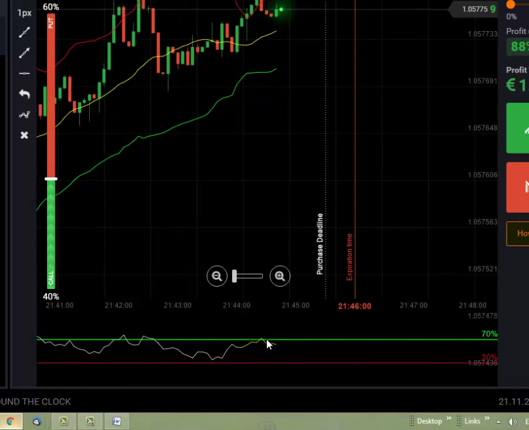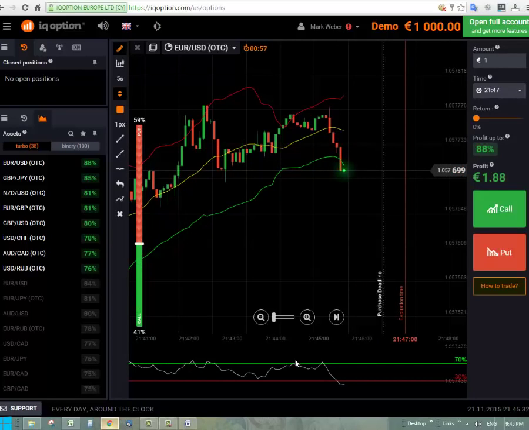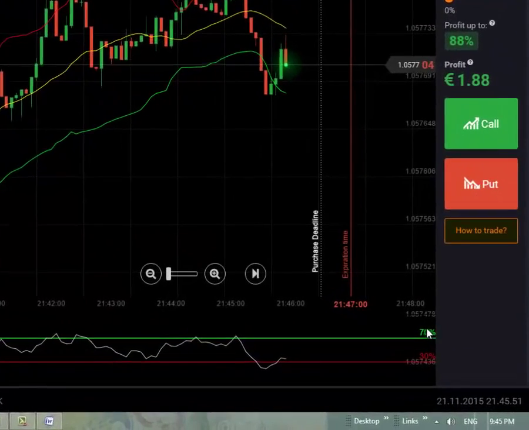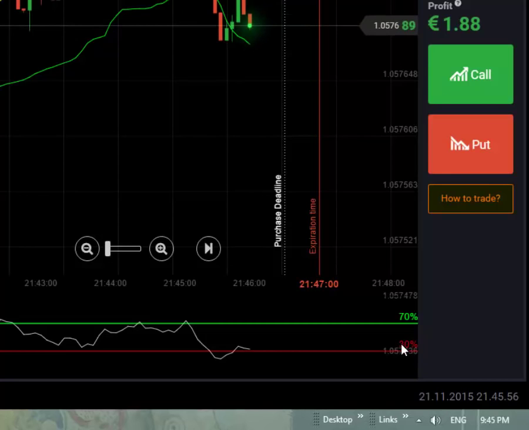What is the RSI? What is the relative strength index or indicator? It is a technical momentum indicator that compares the magnitude of recent gains to recent losses in an attempt to determine overbought and oversold conditions of an asset. As you can see, on the RSI there are two lines. The first line is 70% and the bottom line is 30%.